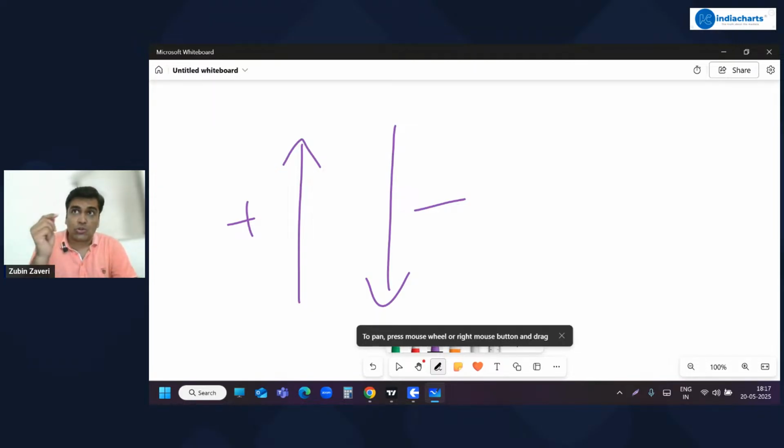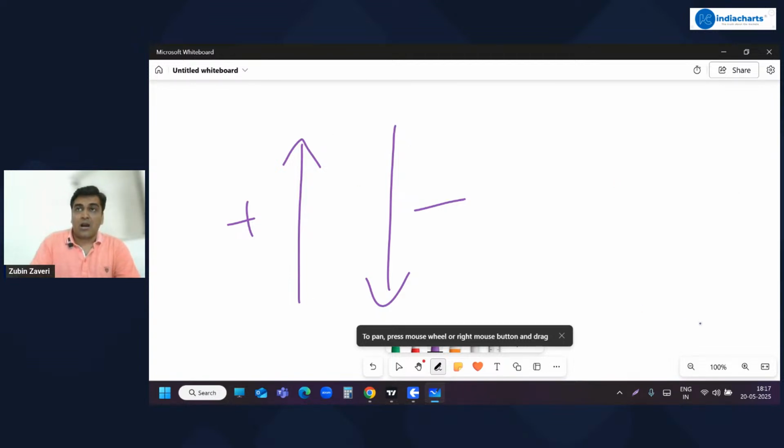So when the speed of the car has changed from 80 to 50, it means the car is still going in the same direction, but the rate at which it is going has slowed down. This is what you will see.